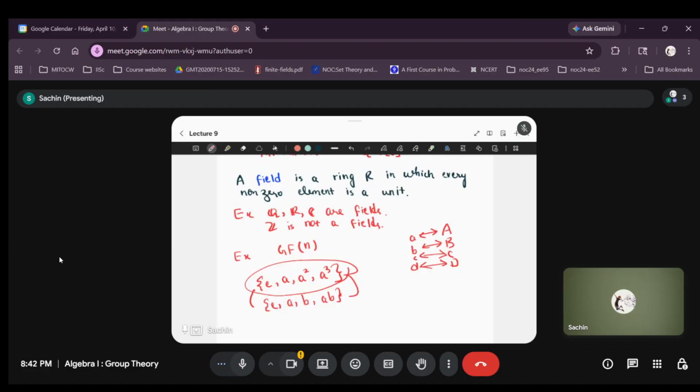Then, if you were able to come up with a field in some other way without using the polynomial, that will be isomorphic to that polynomial field. So you can simply do all your work in the polynomial field. And then whenever you want to go back to your original framework, simply take the inverse of whatever isomorphism is there.